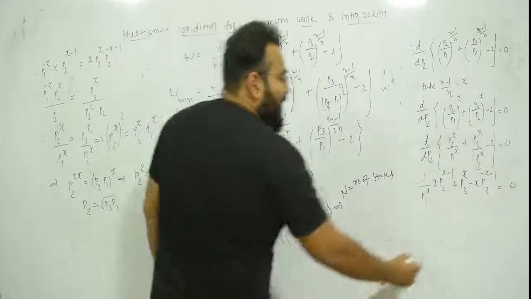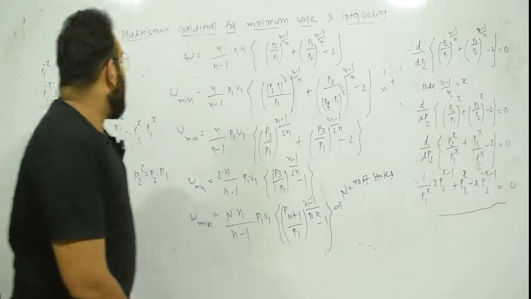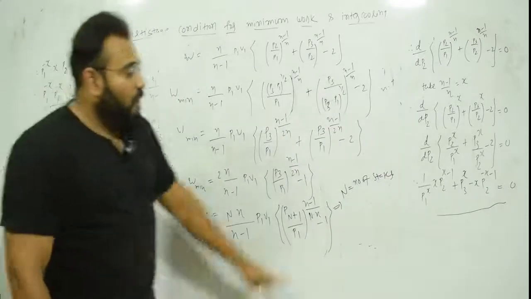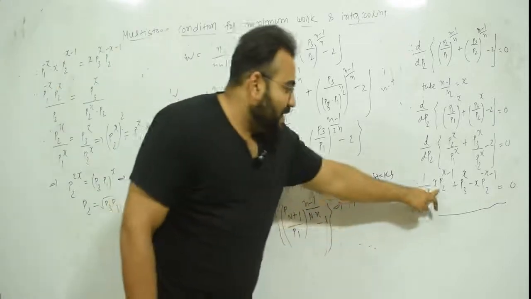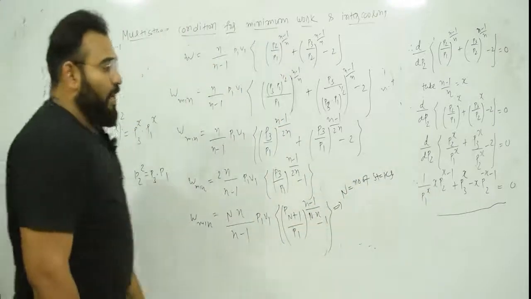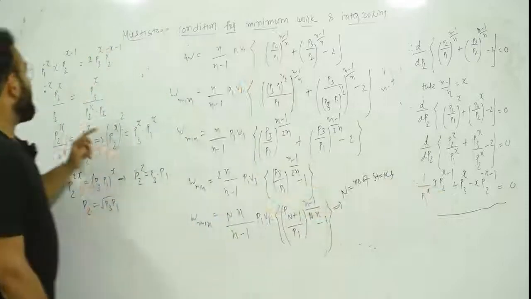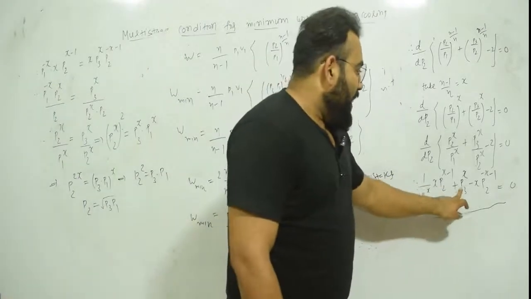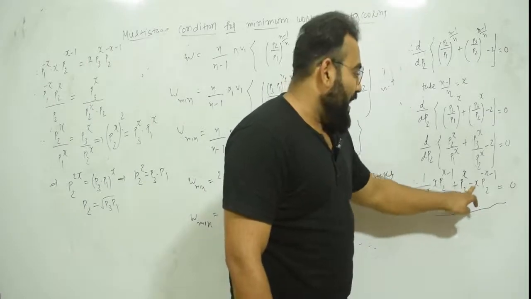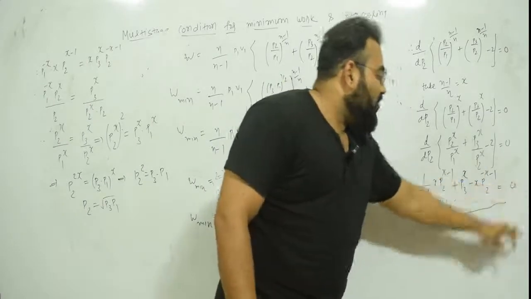Now let us simplify these equations. You can see that 1 upon P1 raised to x, so can I write P1 raised to minus x as it is, P2 raised to x minus 1 as it is. Same way here, it is minus, and if we take it to that side, it will become plus.